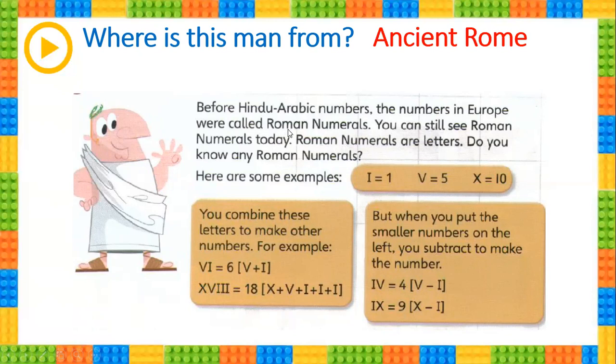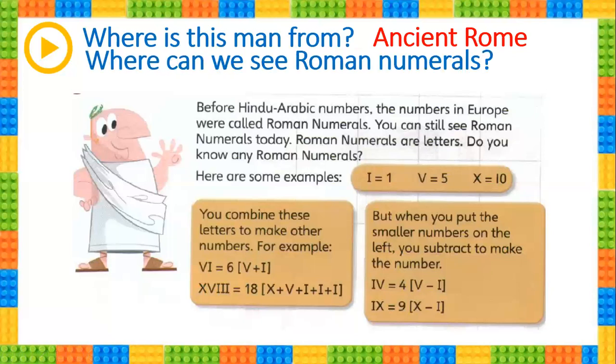So they thought they were Roman, coming from the country Rome. We can still see Roman numerals today. Roman numerals are letters. So where can we see Roman numerals today? Let's think. Yes, we can see Roman numerals on the clock.